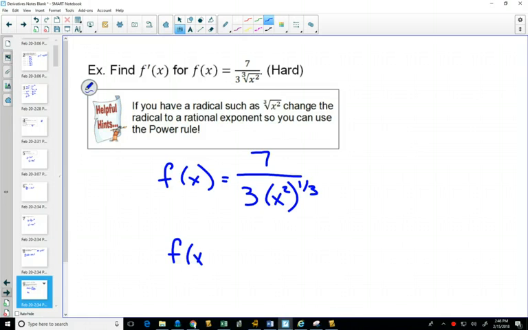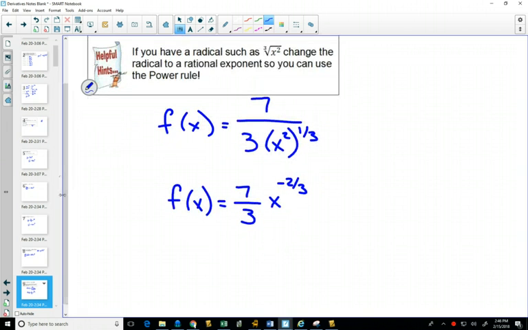Okay, but the whole thing to the power of 1/3, and now that x to the 2/3 is in my denominator, so it becomes x to the negative 2/3 if I wanted to move it to my numerator.